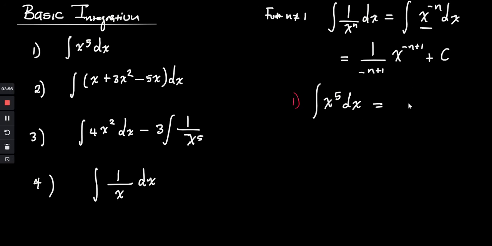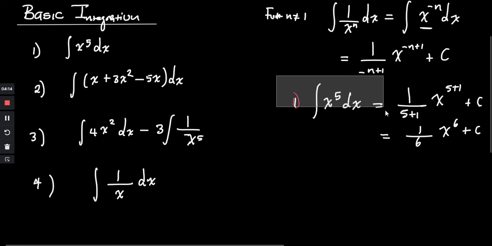Then what you do is you just add 1 to the exponent and divide by it. So you have 5 plus 1, and then x to the 5 plus 1, then you add the constant c. So this is the same as 1 over 6 x to the 6 plus c. So that's it for the first problem.